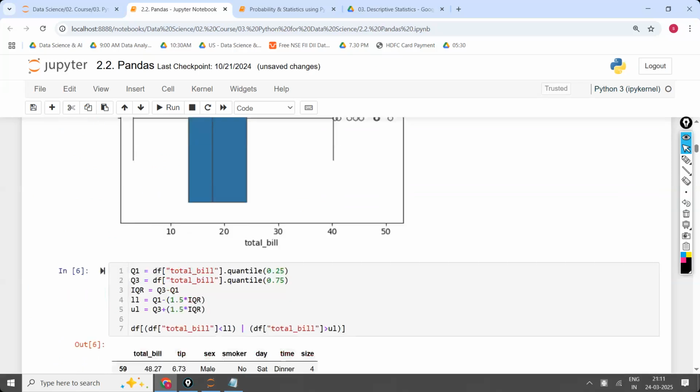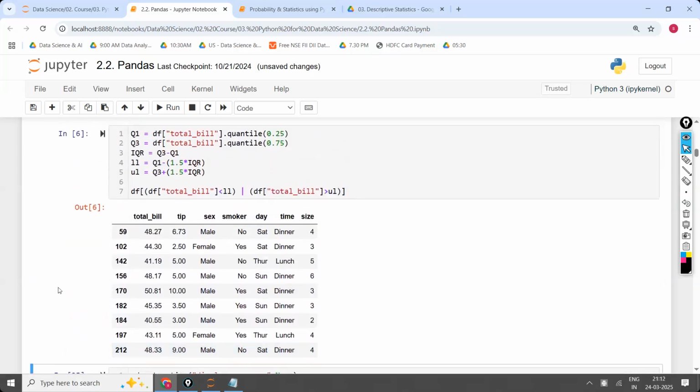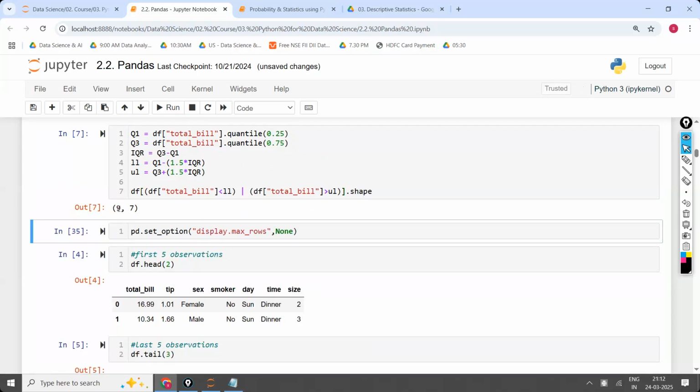Sir, here you counted manually because 9 records are there. But for example, if we apply it on a 1 lakh data set, and 1000 records are outliers, are we going to count the number of outliers manually? No need. Dot shape is there, right? Dot shape will give the number of records, comma number of columns. If you want only the number of records, take index 0.